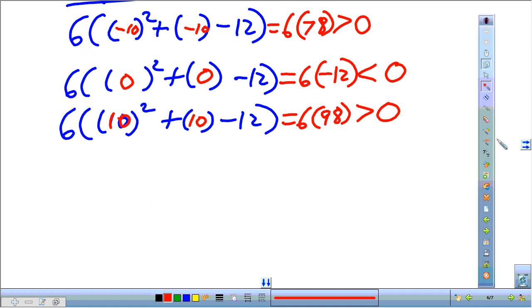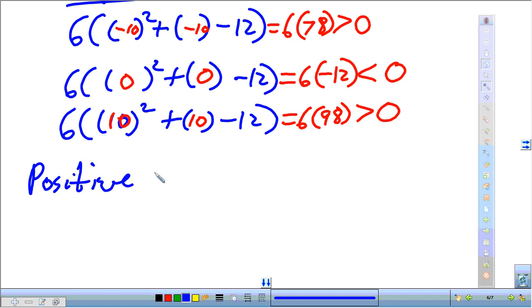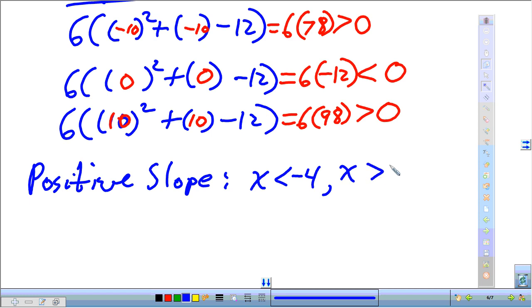So here, what we found. We have positive slope, and where I tested minus 10. So that would be x less than minus 4. I also had positive slope when I tested plus 10. That was the interval x bigger than 3.